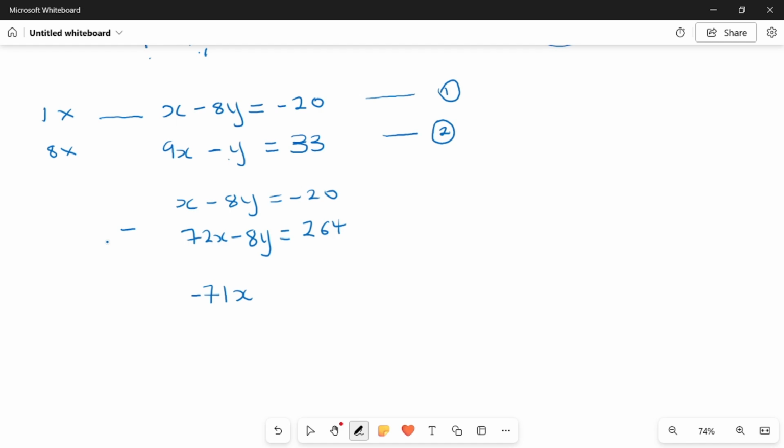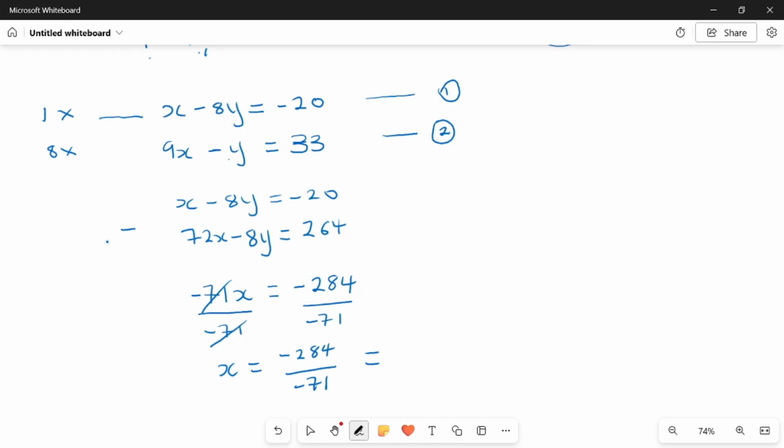Then minus 8y minus minus 8y will give us 0, and we'll have minus 20 minus 264 will give us minus 284. Now we divide both sides by minus 71, and 71 cancels 71, so x is equals to minus 284 all over minus 71.